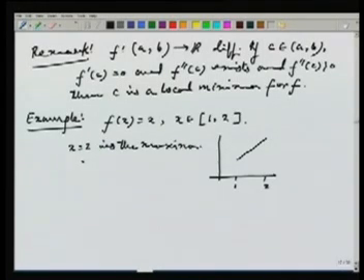But if I look at f prime x, that is continuously equal to 1 for all x, it's a constant function 1. So f prime 2 is not equal to 0. But I said that if you have a local maximum, then at that point the derivative has to be equal to 0. x equals 2 is a local maximum for the function, but the derivative is not 0.